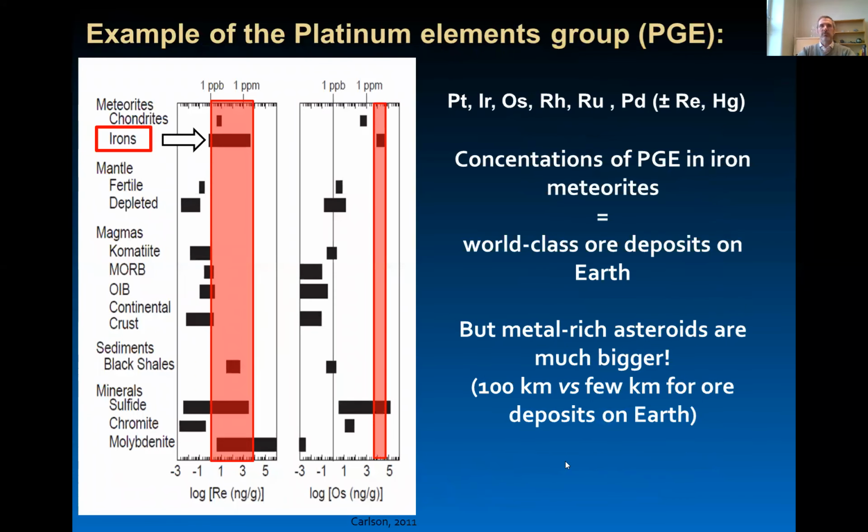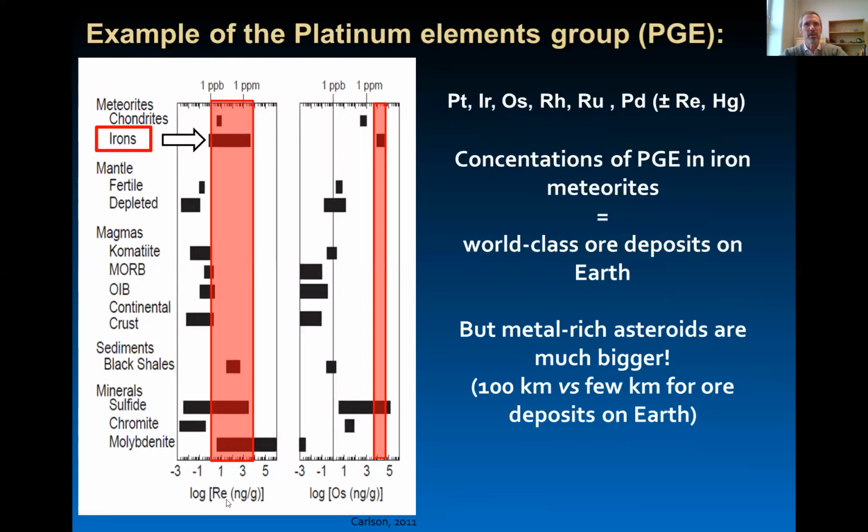I give you just an example for the platinum group elements. Here we have the concentration of rhenium and osmium in meteorites, the mantle of Earth, different magmatic rocks, the continental crust, sediments, and ore deposits.